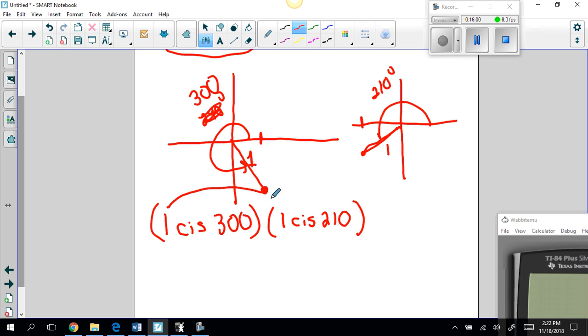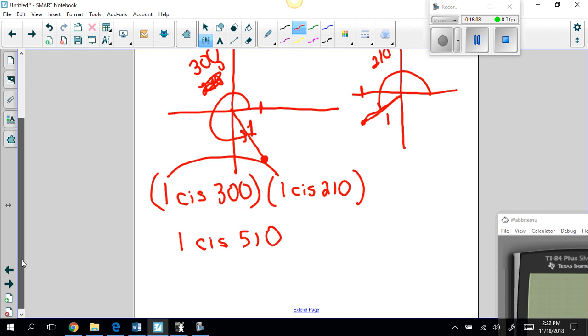So you multiply your radiuses. 1 CIS 510 is the answer. Now, do I know 510?